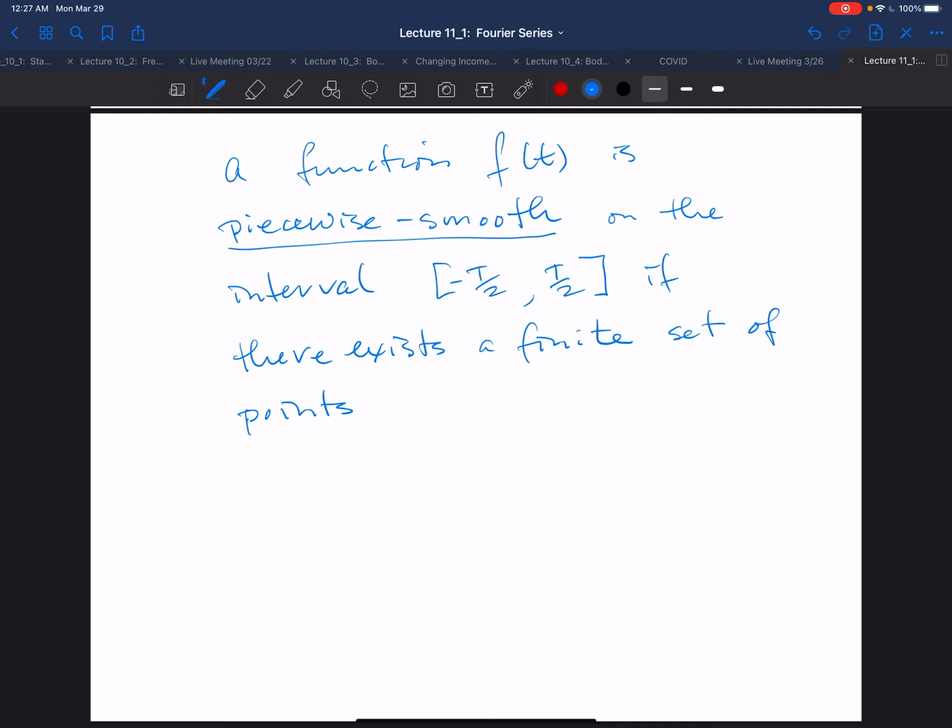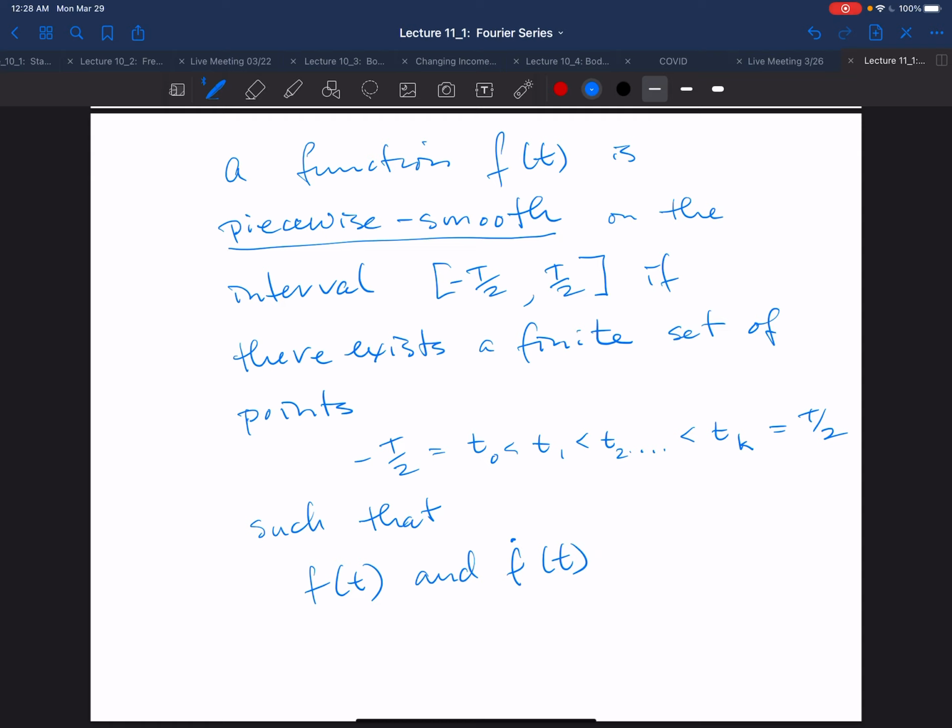There exists a finite set of points minus T over 2 equals t0, which is less than t1, less than t2, and so forth, which is less than tk, which is equal to capital T over 2, such that f and its derivative, f dot, say, are bounded and continuous on the intervals between these points.